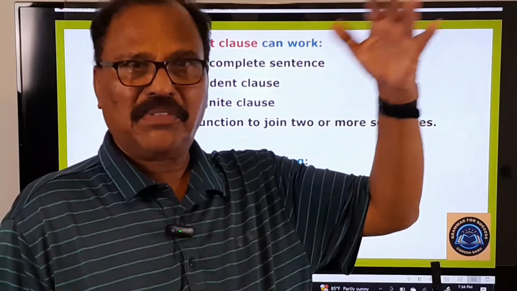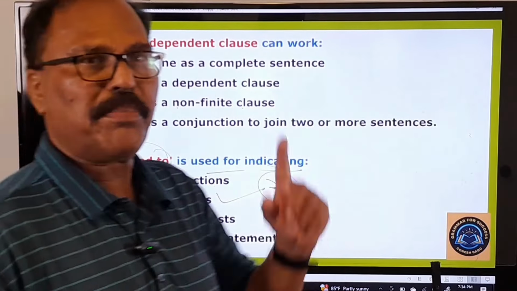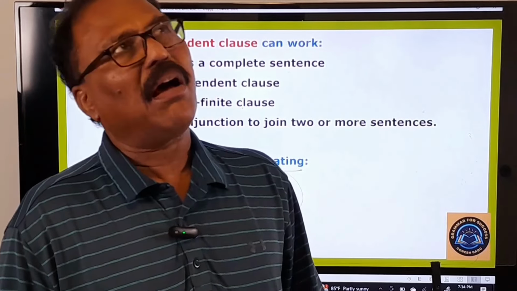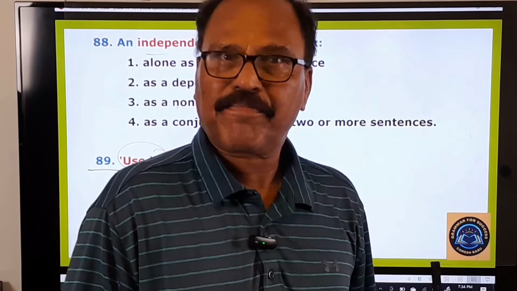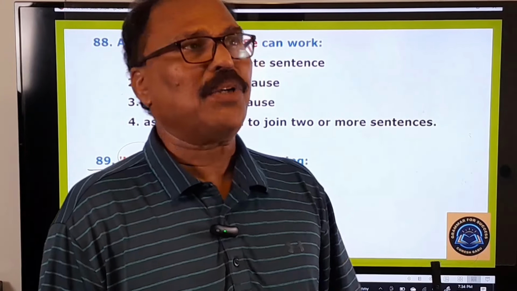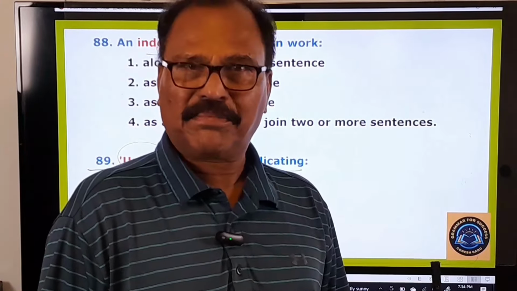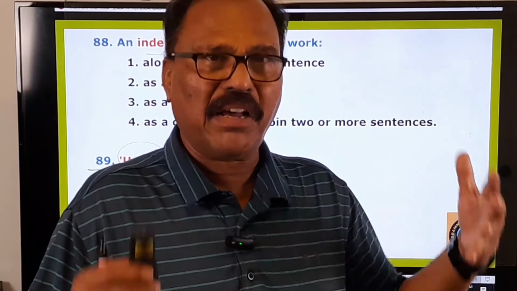Whenever you want to tell your friends about your past habits, you must tell them only by using this used to. You must say, when I was a young boy, I used to wake up at 5 o'clock. I used to take bath with cold water. I used to drink a glass of milk. I used to do exercise for 1 hour.